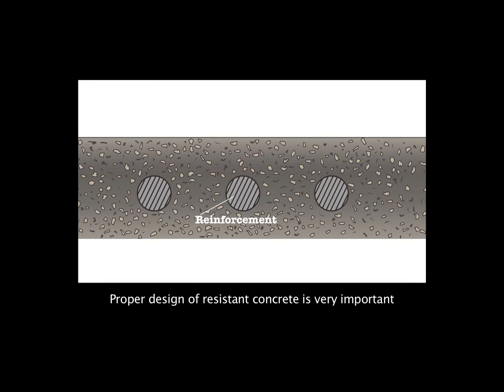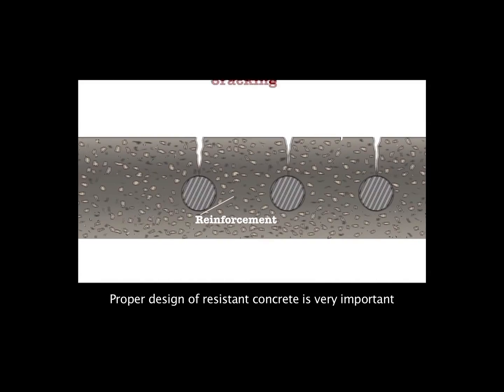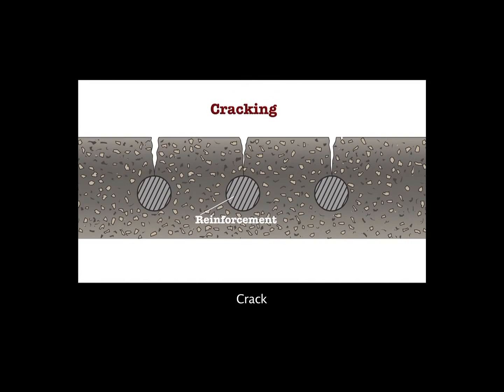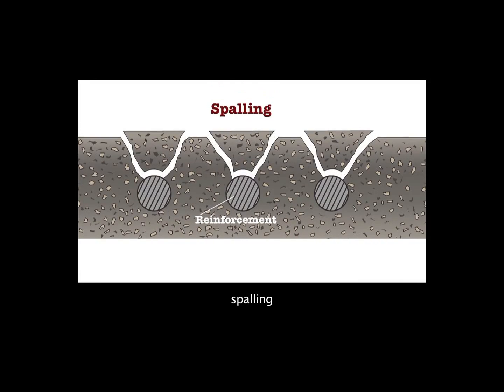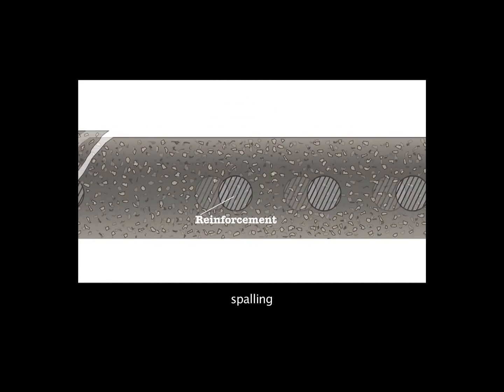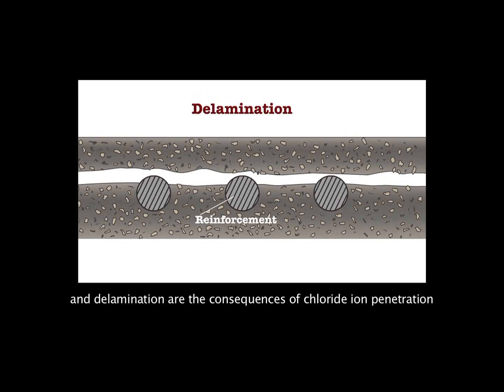Proper design of resistant concrete is very important. Crack, spalling, and delamination are the consequences of chloride ion penetration and subsequent corrosion.